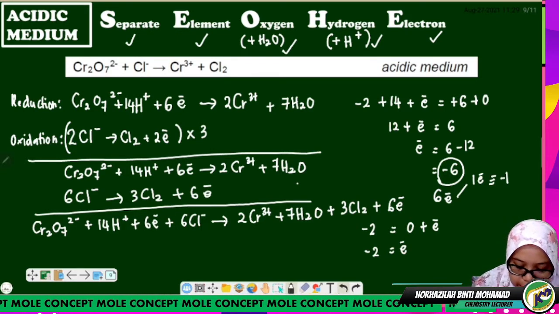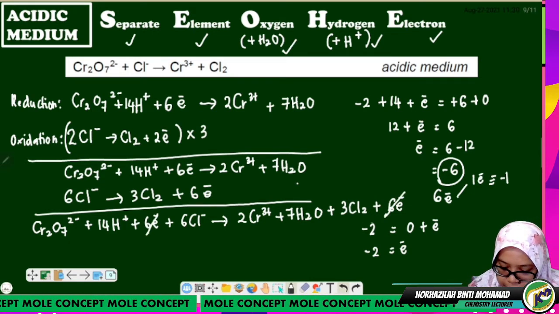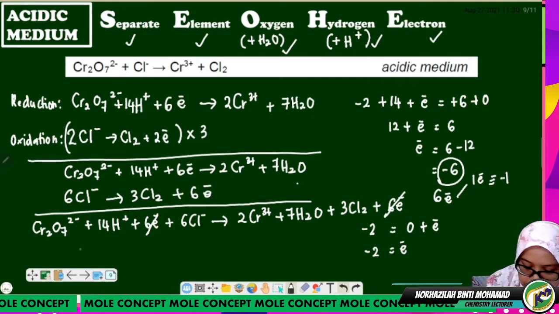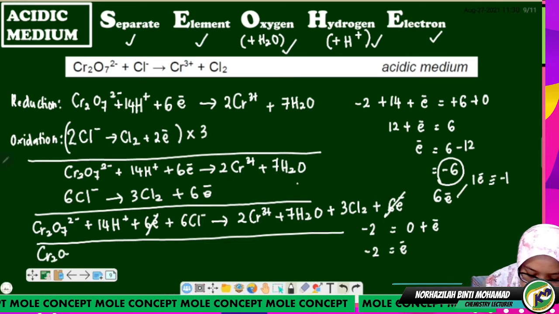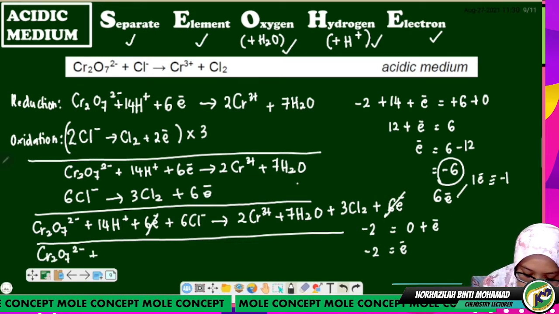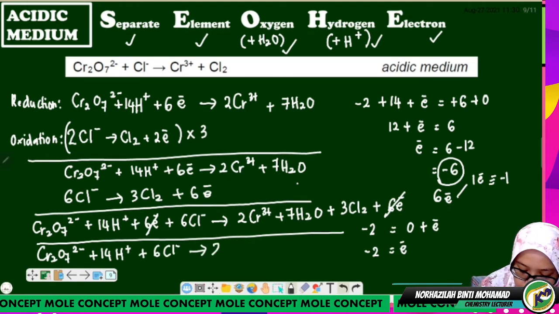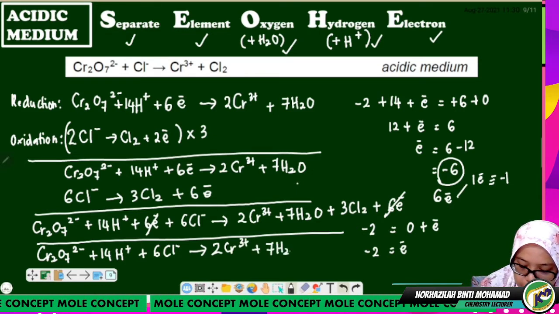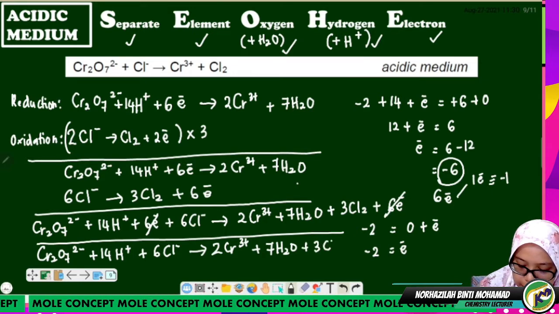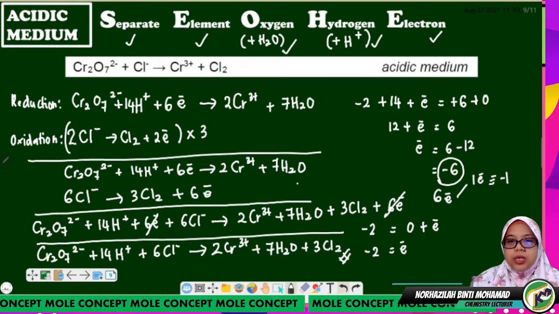So I cancel the 6 electrons, and okay, tak ada dah. So I have Cr2O7 2 minus plus 14 H plus plus 6 Cl minus, produce 2 Cr3 plus plus 7 H2O plus 3 Cl2. So this is your balanced equation.